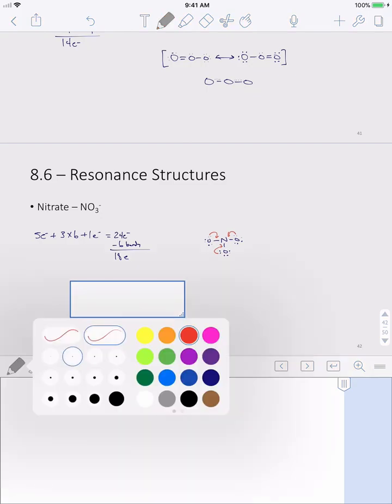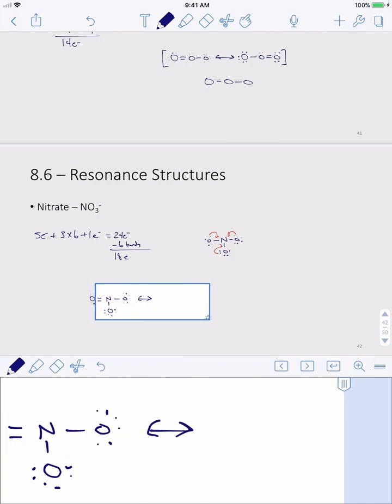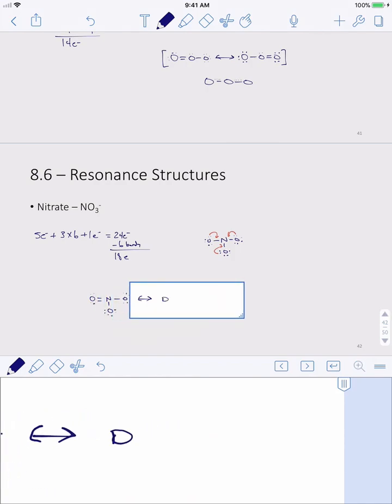So we could show it here by showing oxygen, double bond nitrogen, okay. Double-headed arrow to the next option. Whoops, just 2 there.